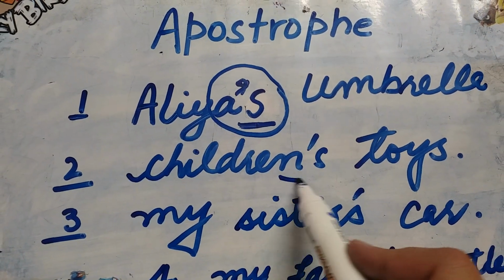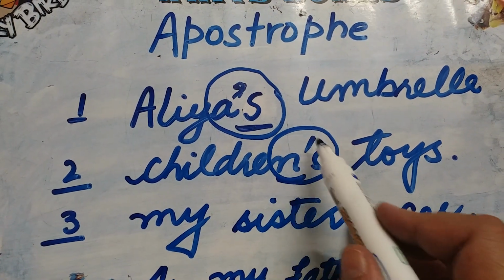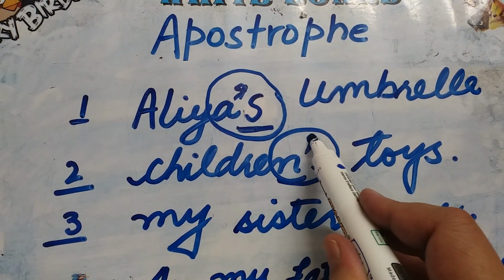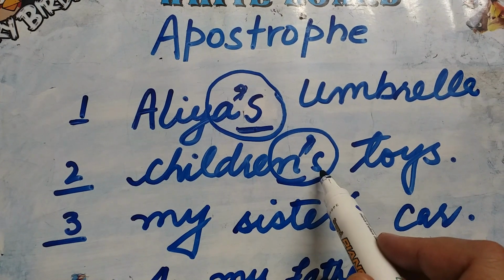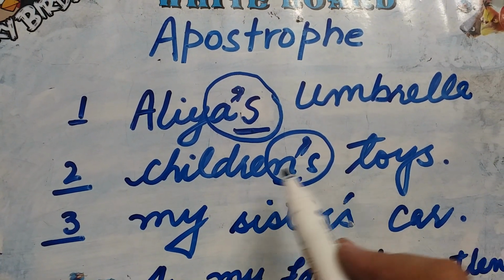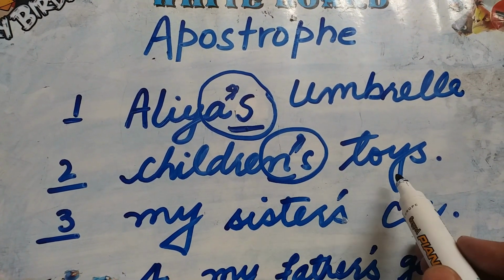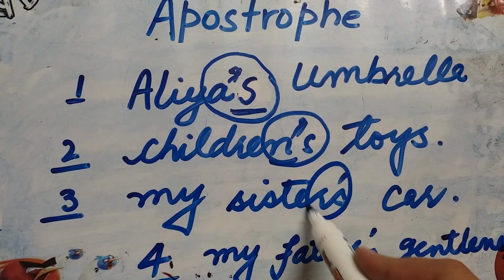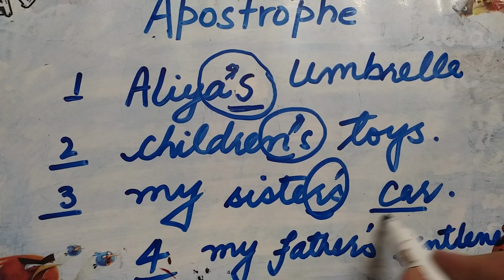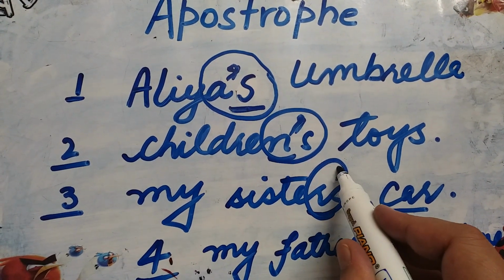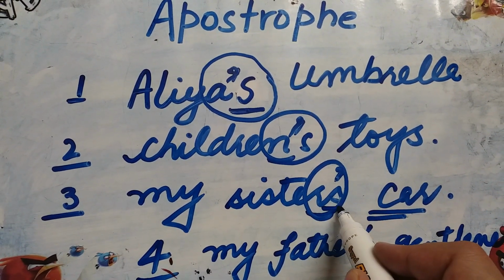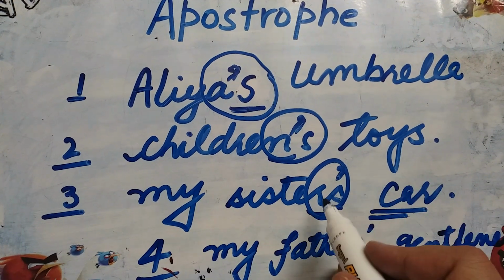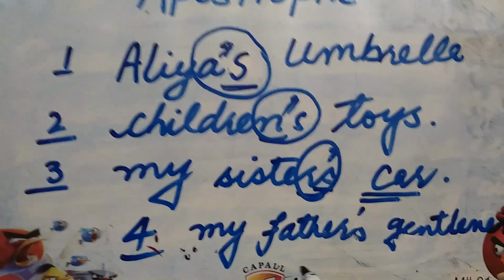Now here, children's toys, apostrophe with S. It shows children's possession over some toys. Again, my sister's car. This apostrophe and this S tells us that this car belongs to my sister.